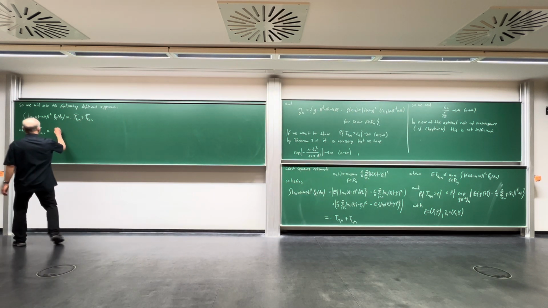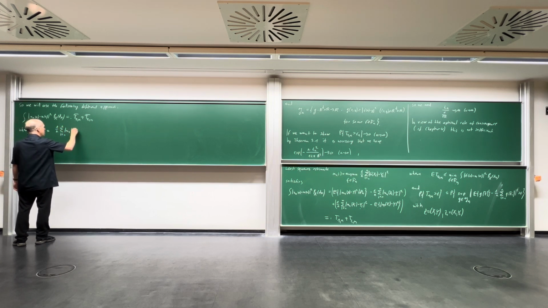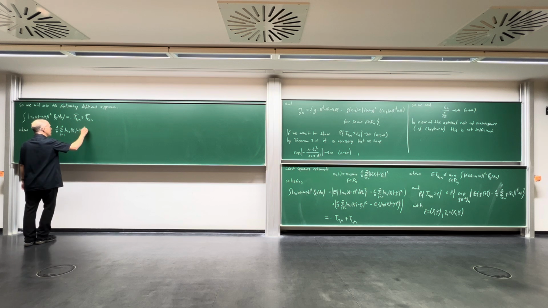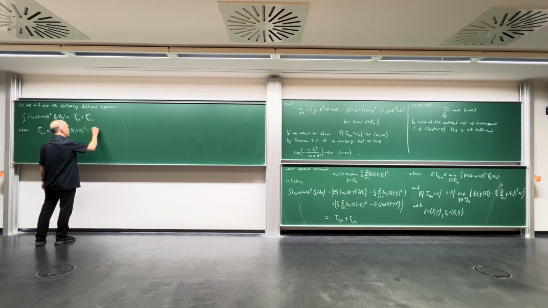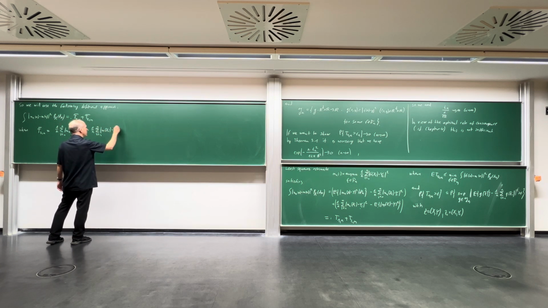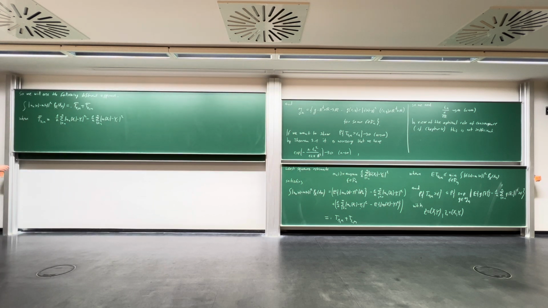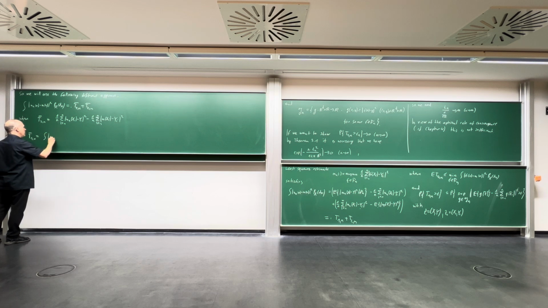So that's 1 over n. And T1n bar is just the term which you need so that the equality holds. So that's the L2 error.